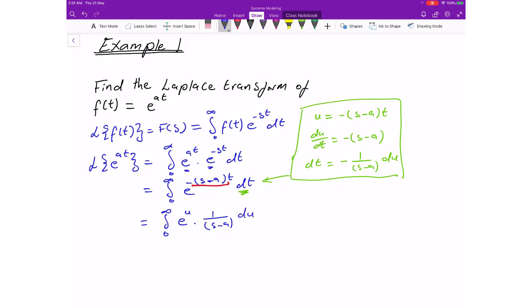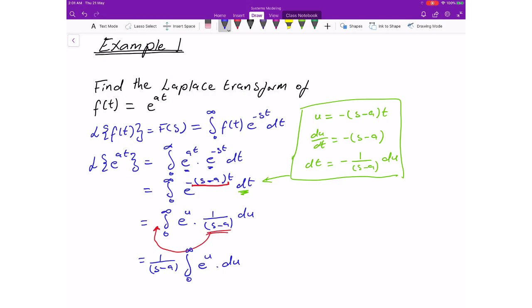Note, we say that we are going to treat this like a constant, and with all constants inside the integral, you can pull that outside. Let me rewrite that. So we have 1 over s minus a integrating between 0 to infinity, e to the u du.